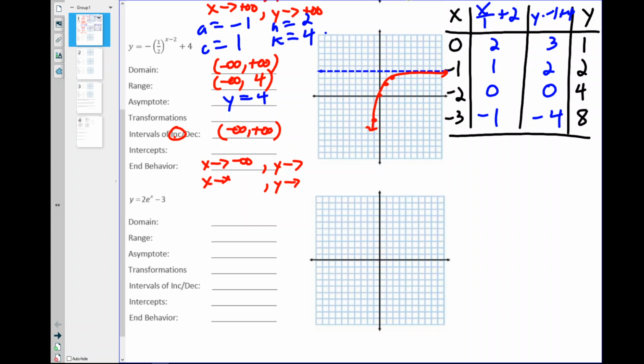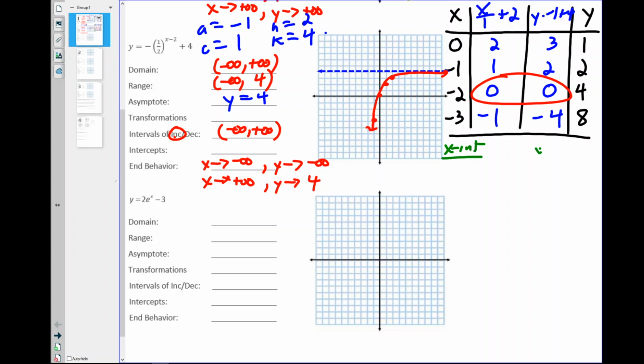Negative infinity, negative infinity. What's the right arrow doing? Positive infinity, and then 4. Okay, now let's do the intercepts. I mean, we can tell from the graph already that they're both going to end up being 0, but let's prove it.